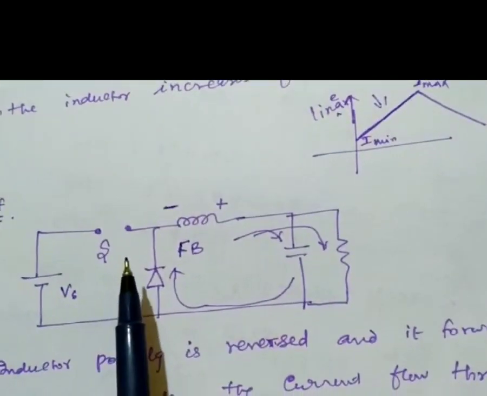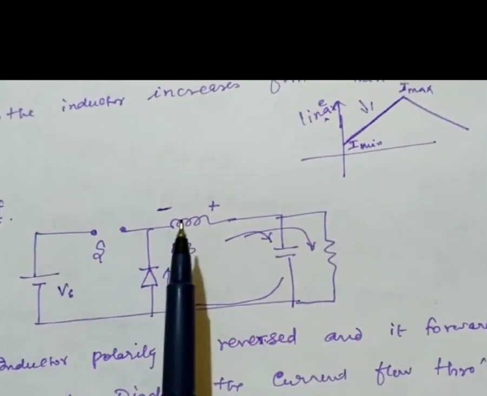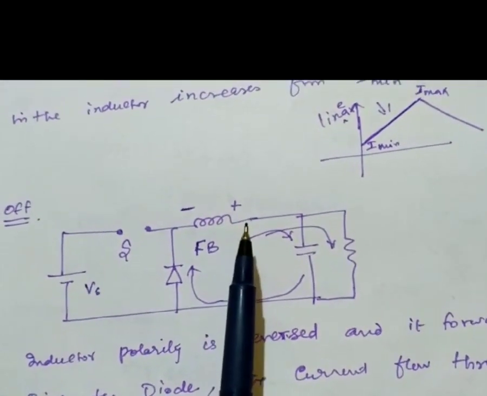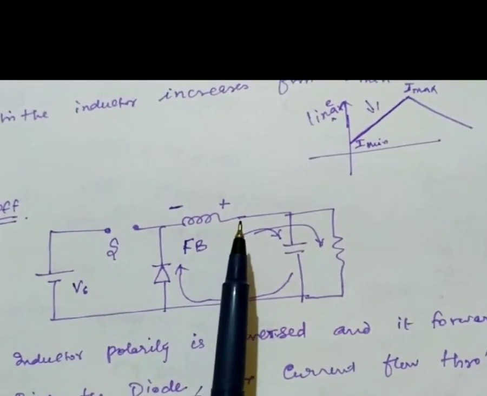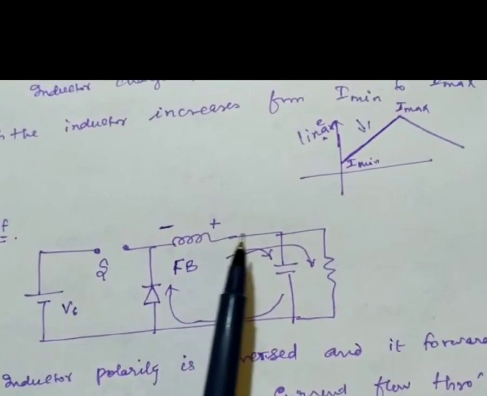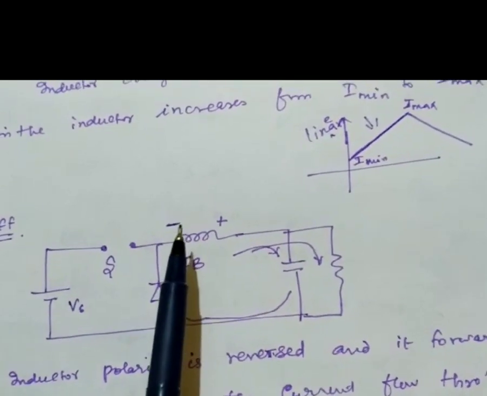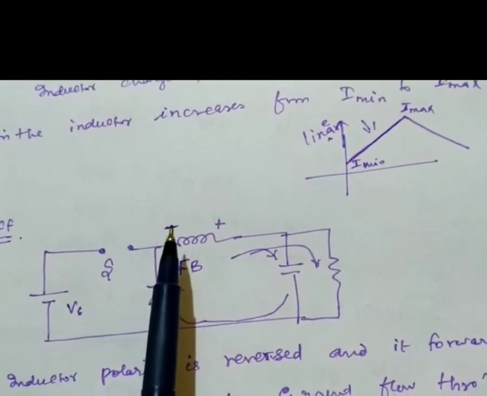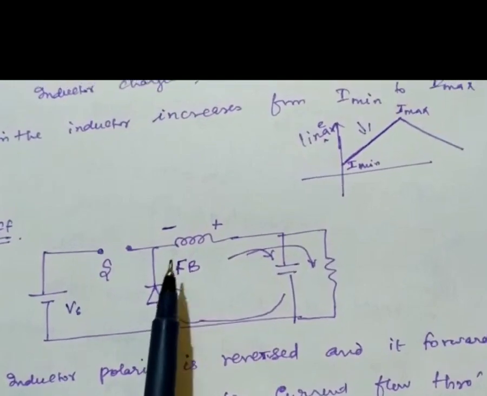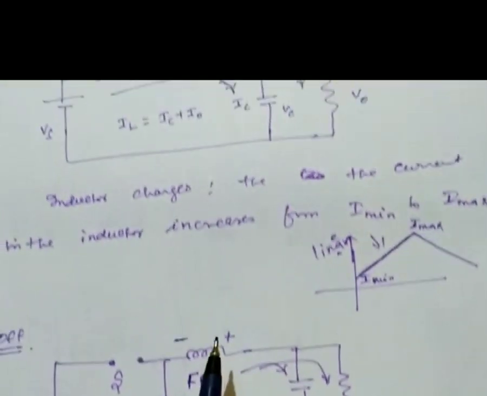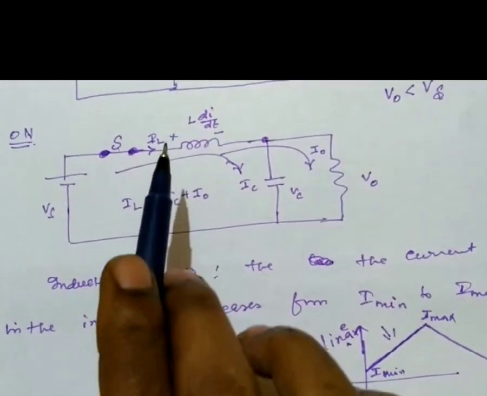When the conducting switch becomes off, the inductor polarity automatically reverses, which is a property of the inductor. Now the inductor tries to discharge through the capacitor and the load. When the polarity is reversed, the diode becomes forward biased, because the minus is connected to the cathode. Now the inductor is discharged this way.